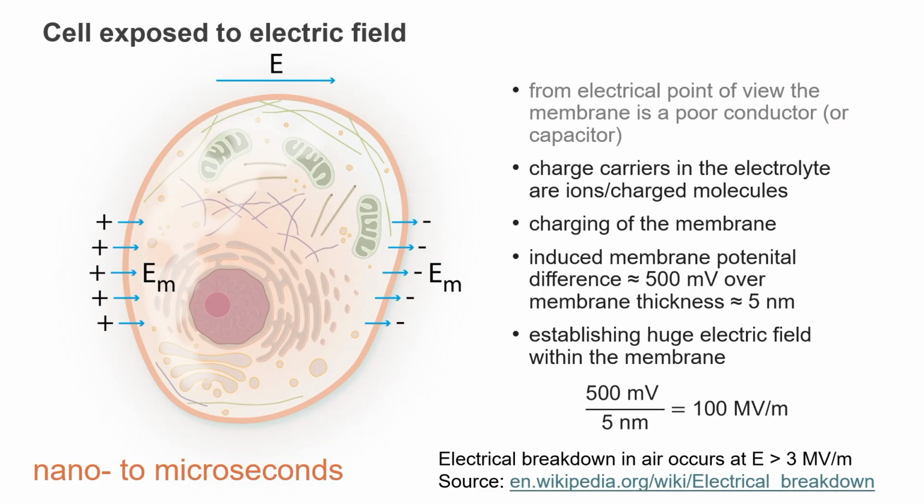If you look at the credible sources on the internet, like Wikipedia, you can read that a spark will go off through air at much less, 3 megavolts per meter. So that is what the cell membrane is subjected to.